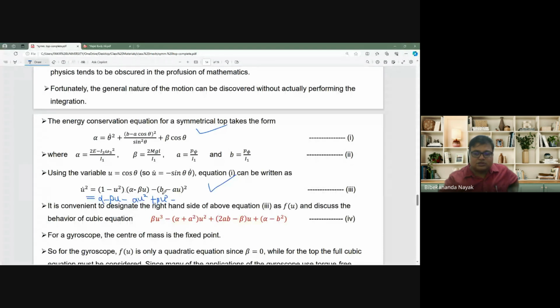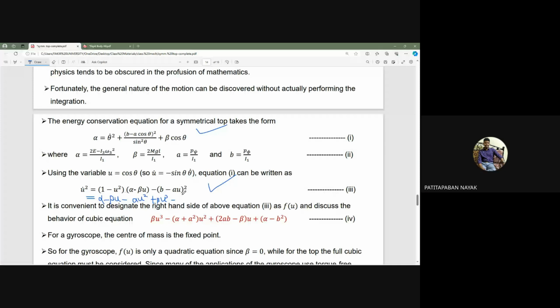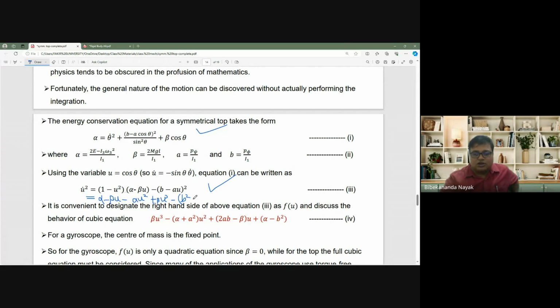Then minus (b minus a u) whole square will be minus b square plus a square u square minus 2abu, with the bracket it will be minus plus.